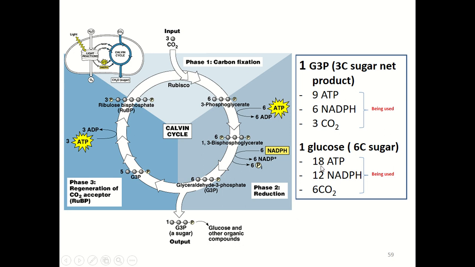Therefore 18 ATP will be used, producing 18 ADP. 12 NADPH molecules have been used, producing 12 molecules of NADP plus, and also 6 molecules of carbon dioxide have been used to produce 1 molecule of glucose.